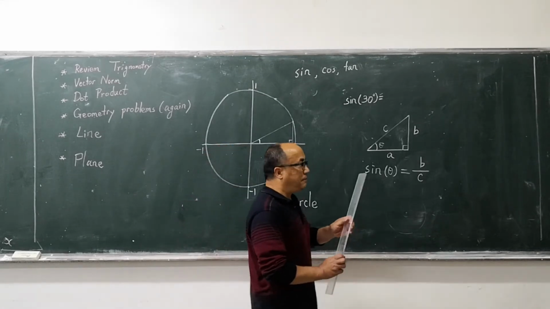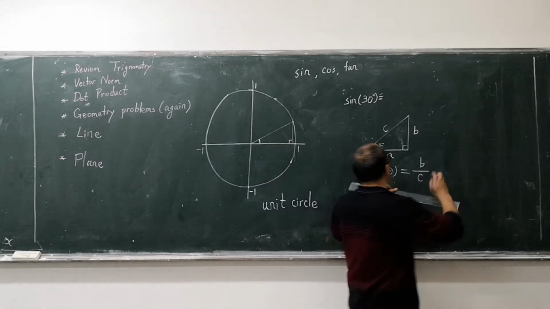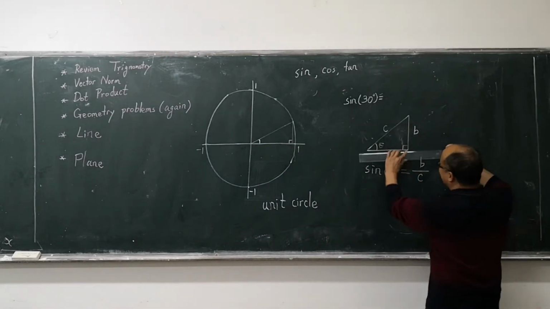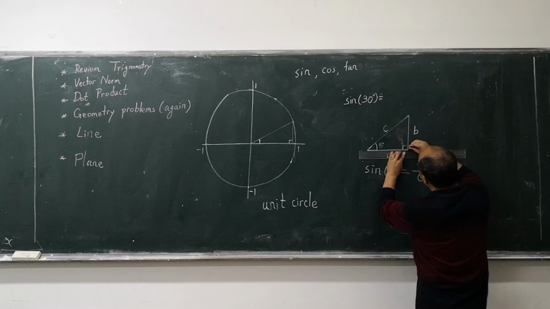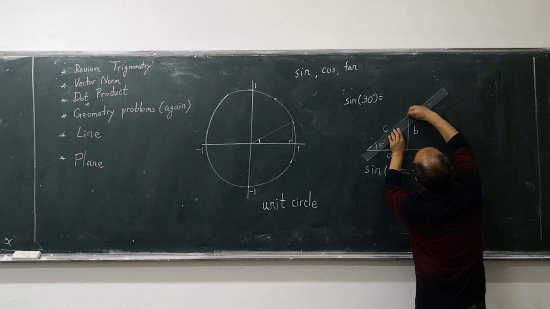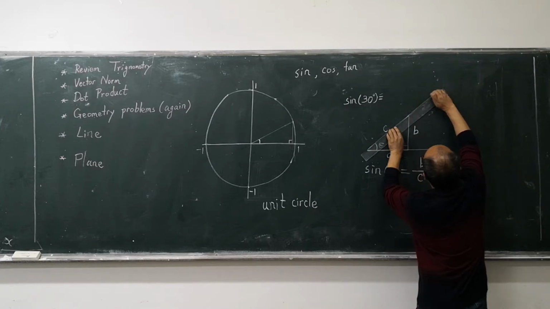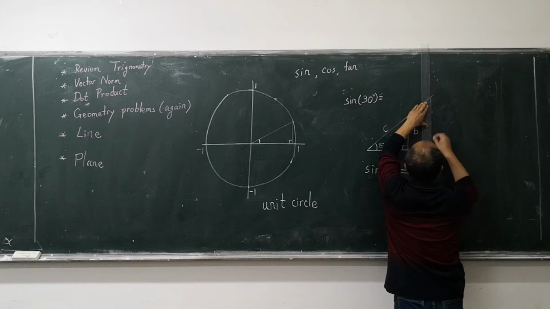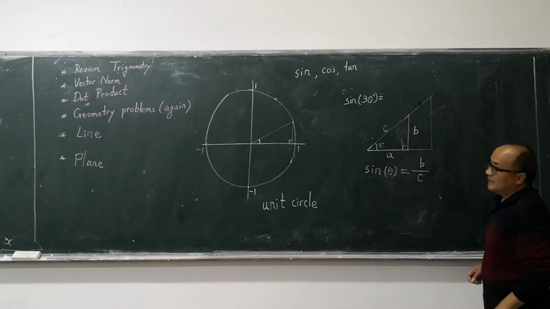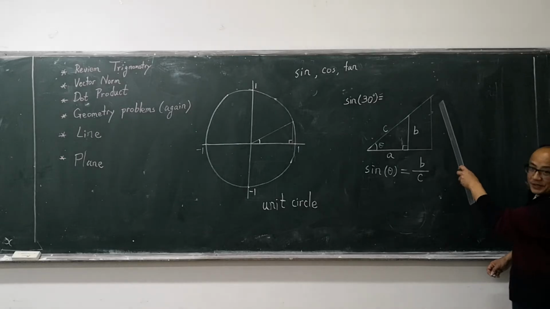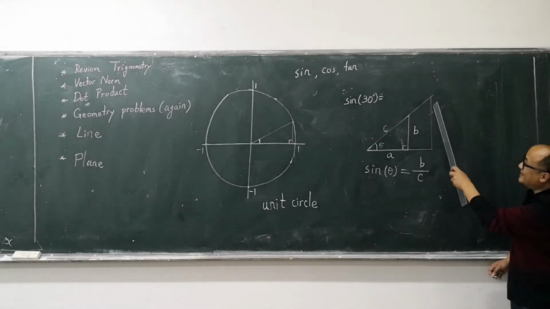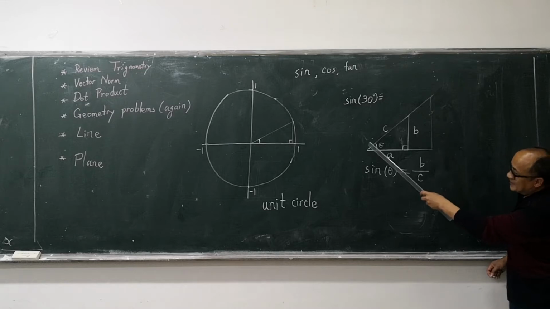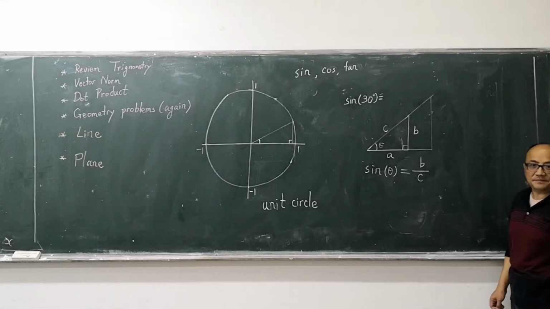And if somebody shifts the movie screen even further, now the movie screen becomes larger, and this divided by this is still equal to sine theta.